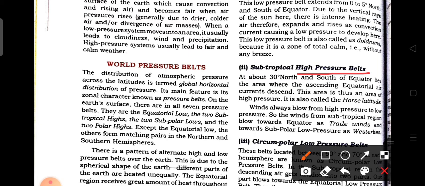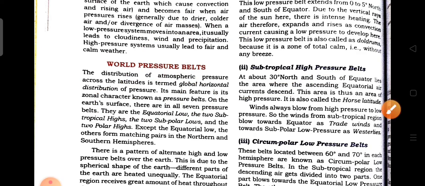At about 30° north and south of the equator lies the area where the ascending equatorial air current descends. From the equatorial region the air ascends as the temperature becomes high, and in the subtropical high pressure belt the air descends to this region. This area is thus an area of high pressure.